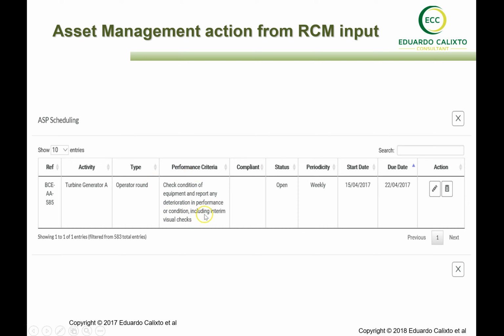That type of task is defined during the RCM, and it's a routine that you need to do at least once per week, starting on this date and finishing on this date, for a system to be established. Okay, so that's the type of information that is included by the maintenance group, and they get the information from the RCM analysis.